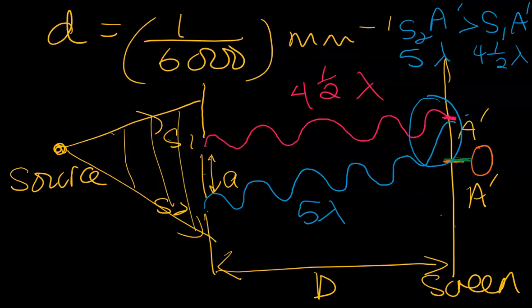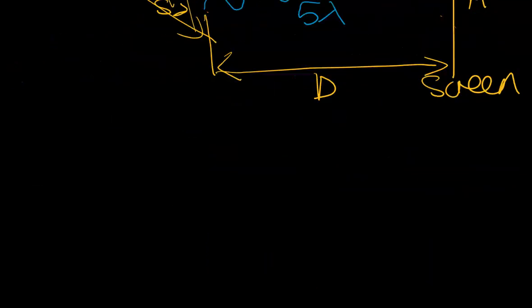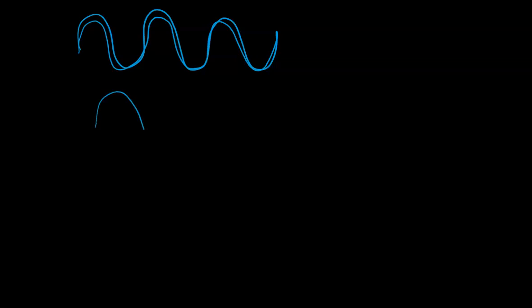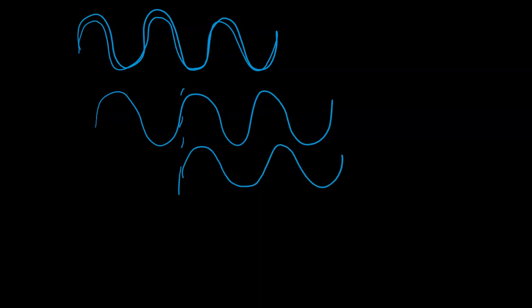And if you recall, for constructive interference, you must have crest and crest and trough and trough. Let's just do some revision here. I can have my waves with the same in-sync number of cycles, or I can have them differing by a whole number of wavelengths.